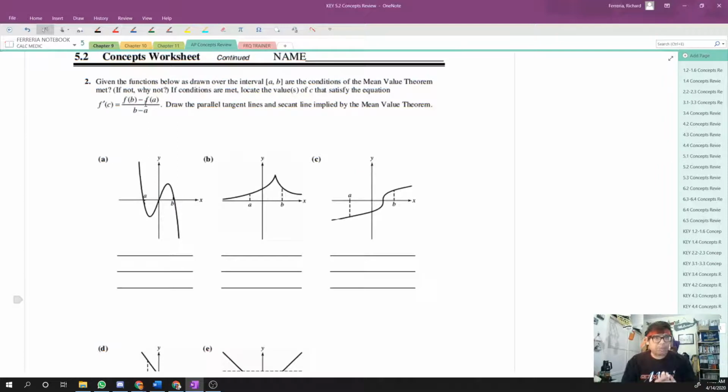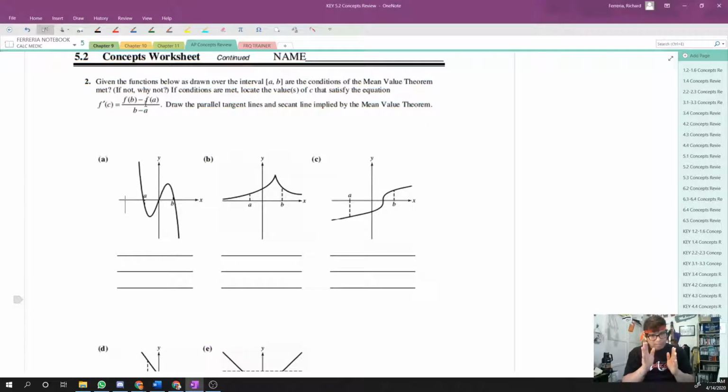That brings us to the mean value theorem, and the mean value theorem is kind of like Rolle's theorem, but the major exception here is that when you do the mean value theorem, you're looking for not horizontal tangent lines, but places where the tangent line is parallel to the secant line drawn.